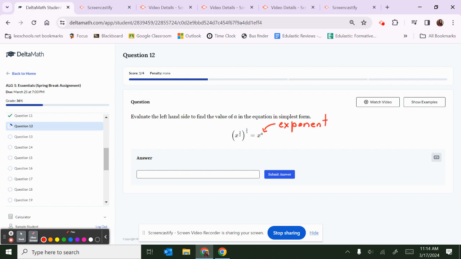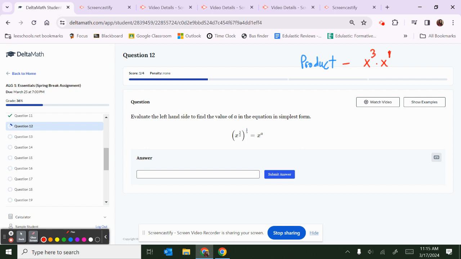So here are the exponential rules you guys need to know for Algebra 1. The first rule that you need to know is the product rule. Product rule states that anytime you're multiplying things that have the same base, in this case the base is x, you are going to add the exponents.